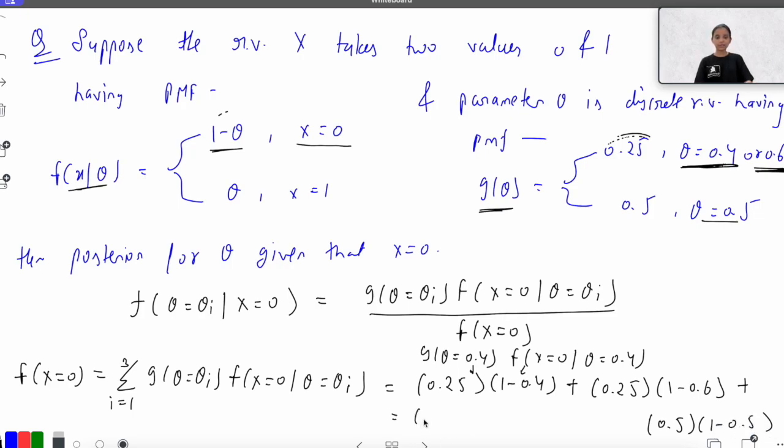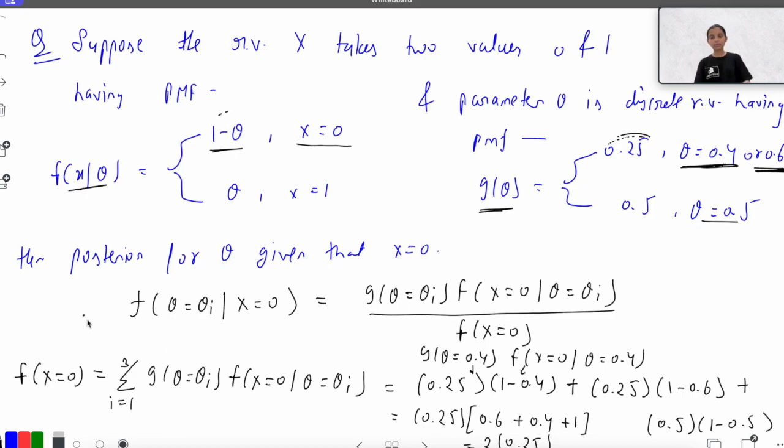Let me just do some simple mathematics: 0.25 times 0.6, 0.4, and this will be 0.25, so plus 1, and that is coming out to be twice of 0.25. That is my marginal for x equals to 0.